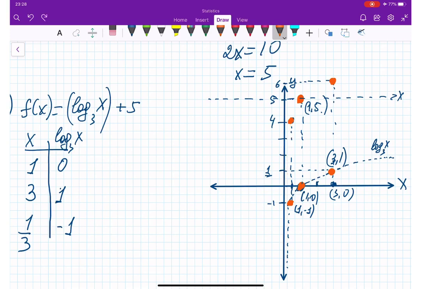Oops, not good. So it's going to go parallel to the original one. Okay? And this is log x by base 3 plus 5.